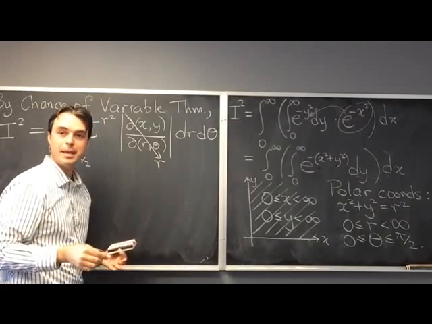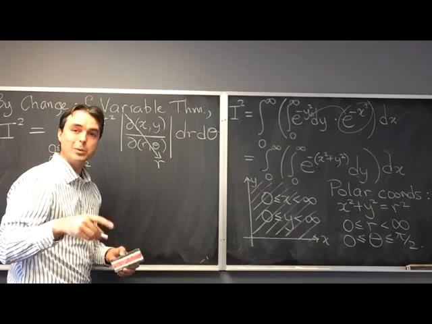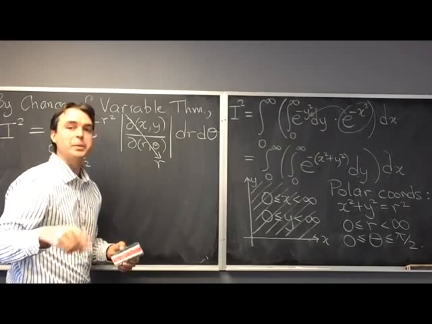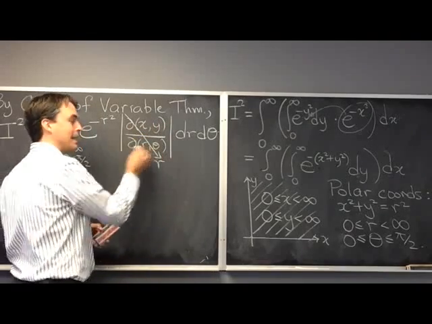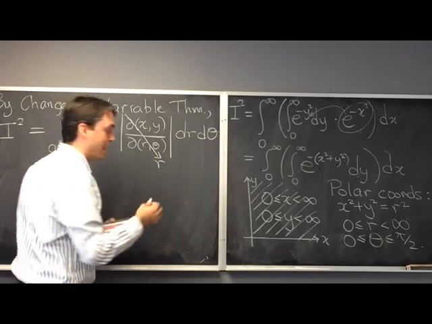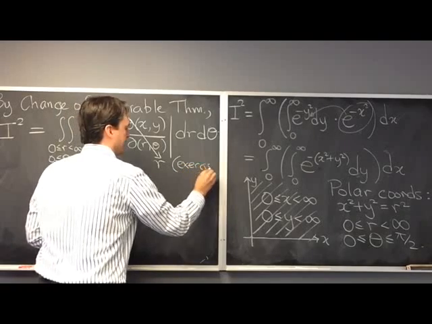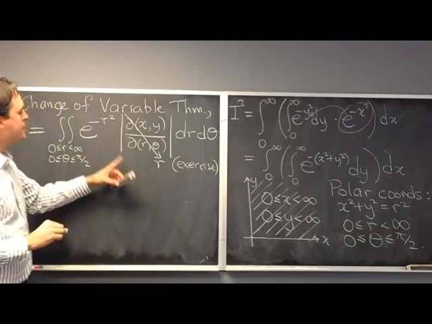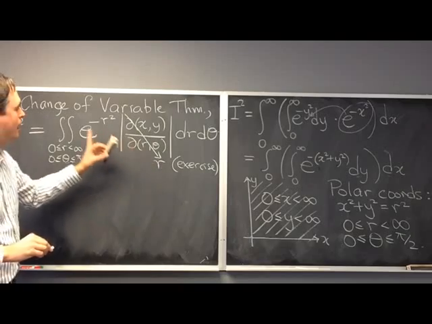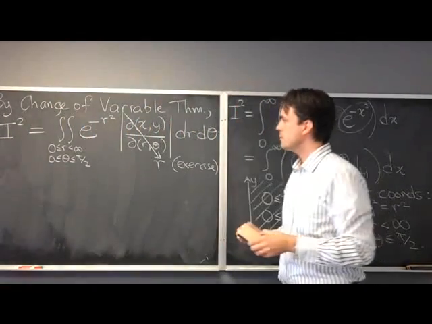And if you don't remember that, do it as an exercise. Remember, your mapping is x equals r cos theta, y equals r sine theta, so that lets you directly calculate this Jacobian from the determinant of the derivative matrix. So then you just get the integral of r e to the minus r squared dr d theta.